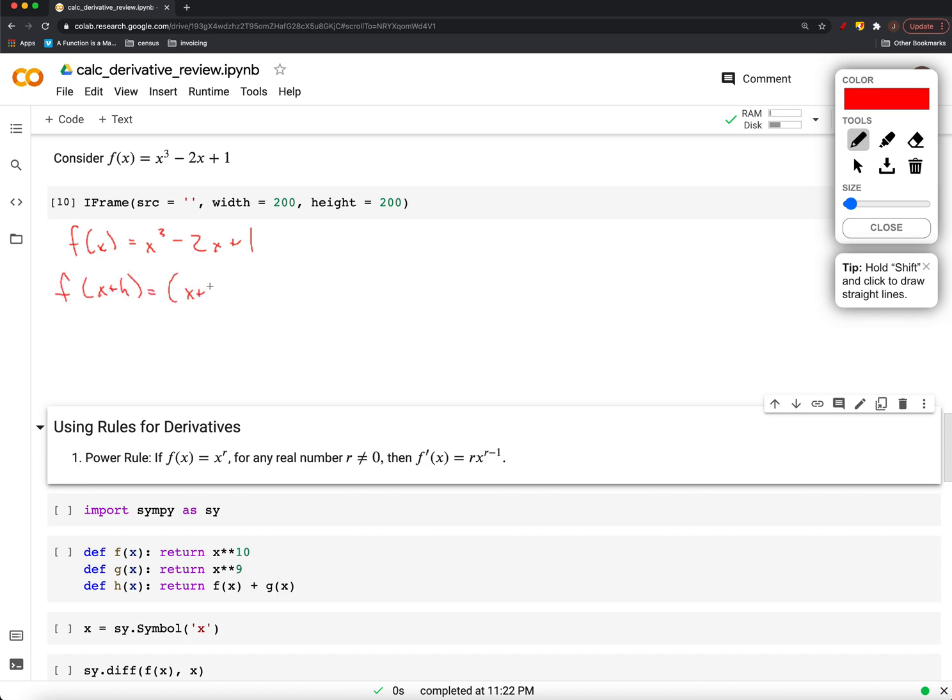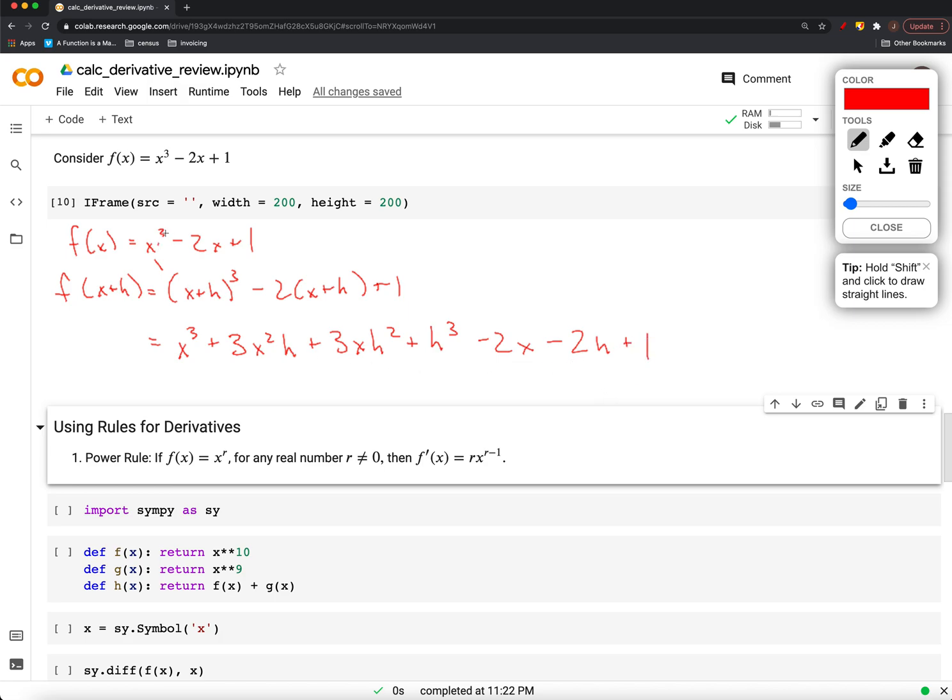Well, x plus h cubed minus 2 times x plus h plus 1. That is going to give me x cubed plus 3x squared h plus 3xh squared plus h cubed minus 2x minus 2h plus 1.